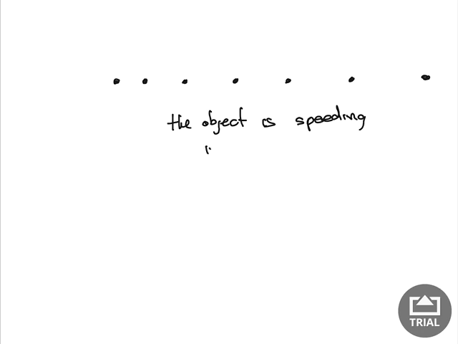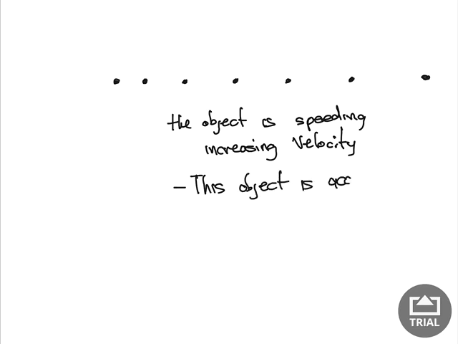When an object increases in velocity, that means this object is accelerating. When an object accelerates, it means that the velocity is not constant.